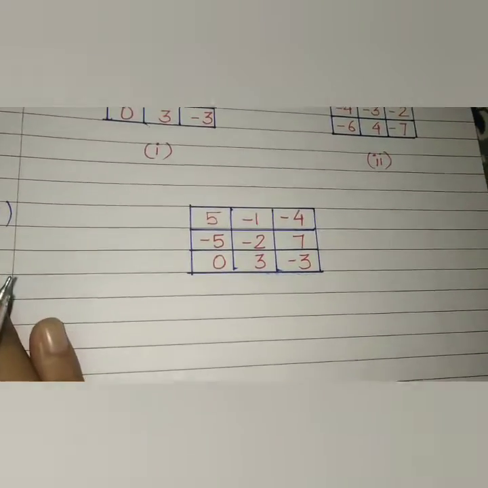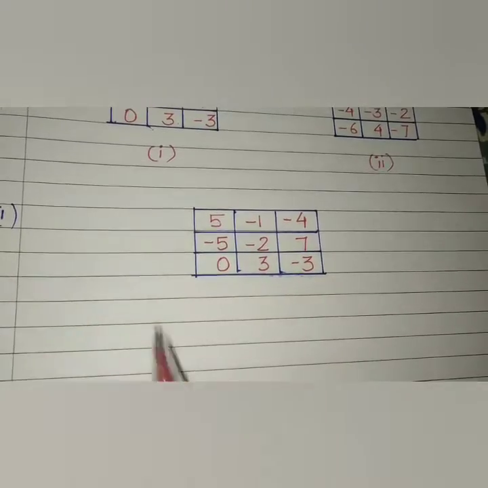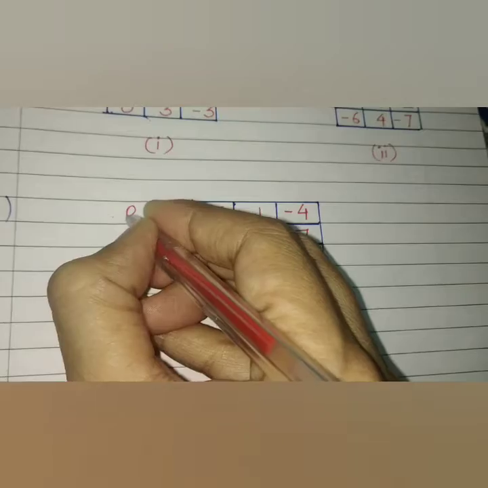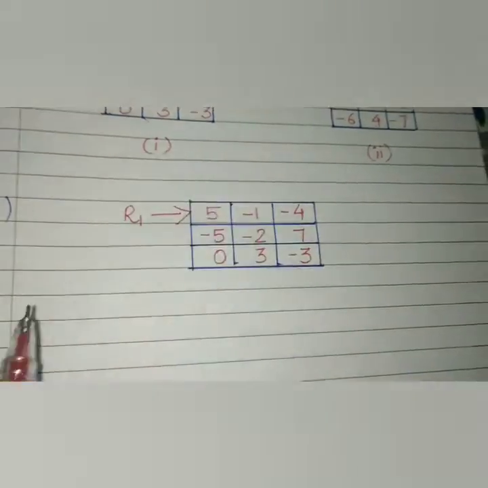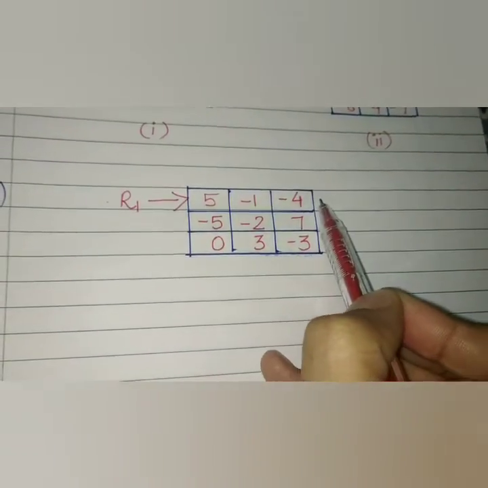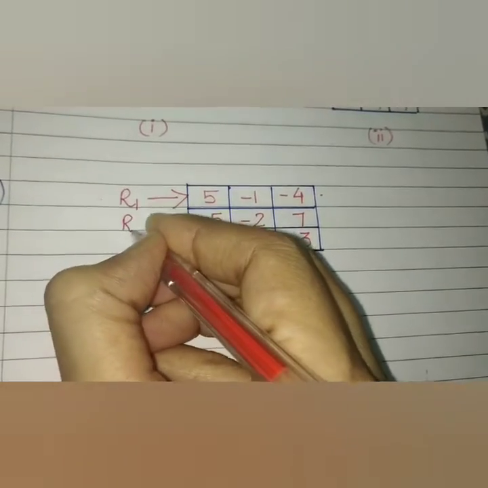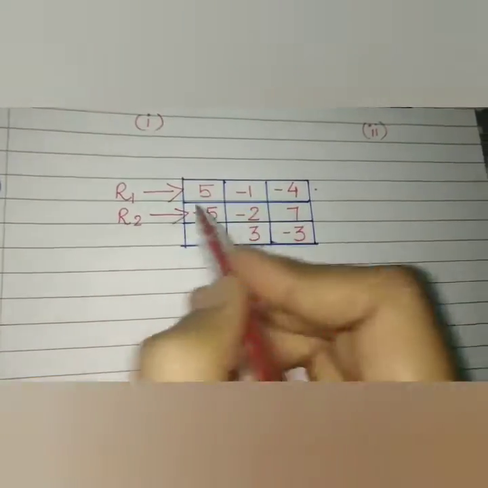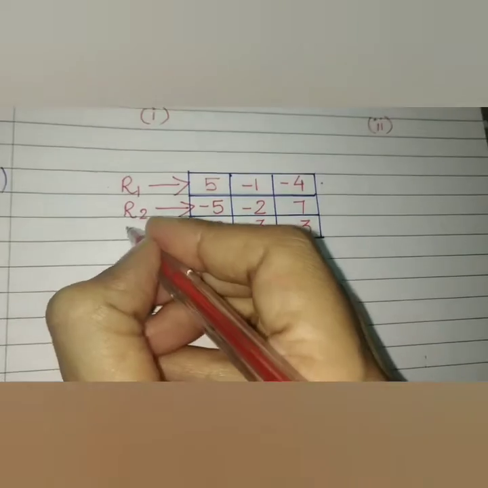Now firstly we'll explain where the rows, the columns and the diagonals are. This is R1, meaning row 1. This is R2, row number 2.